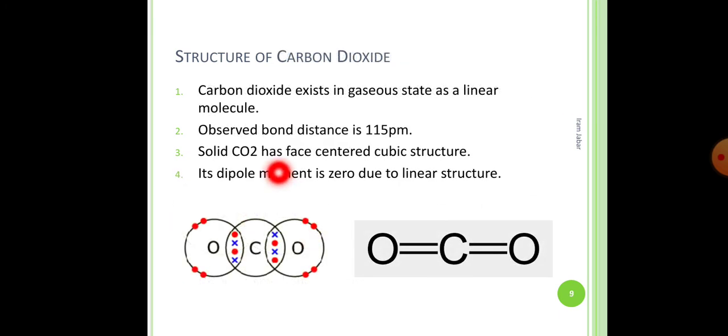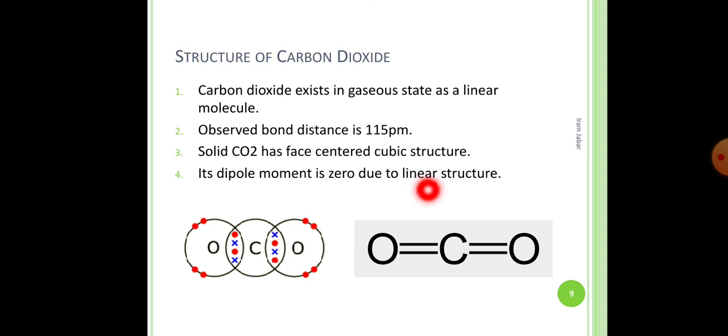Now we will discuss the structure of carbon dioxide. Carbon dioxide exists in gaseous state as a linear molecule, and its observed bond distance is 115 picometer, and when carbon dioxide is in solid form, then it has a face-centered cubic structure.